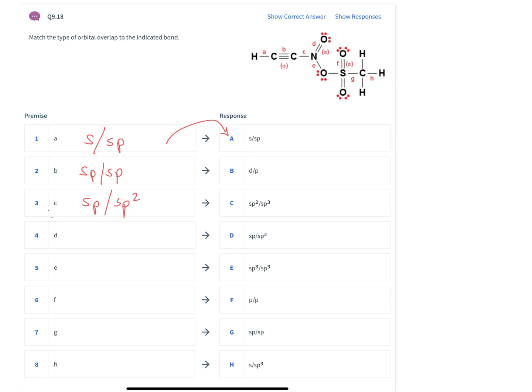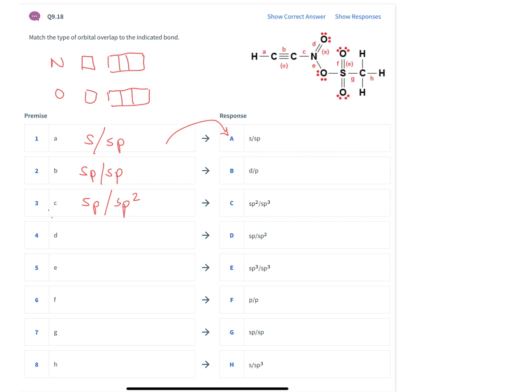Bond D, the pi bond between nitrogen and oxygen. Well, I know nitrogen is sp2 hybridized, and this is where this one gets a little bit tricky. Because nitrogen is sp2 hybridized, because it has 3 electron domains, oxygen is also sp2 hybridized.